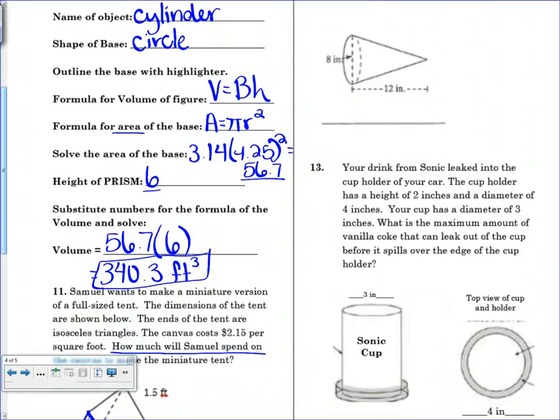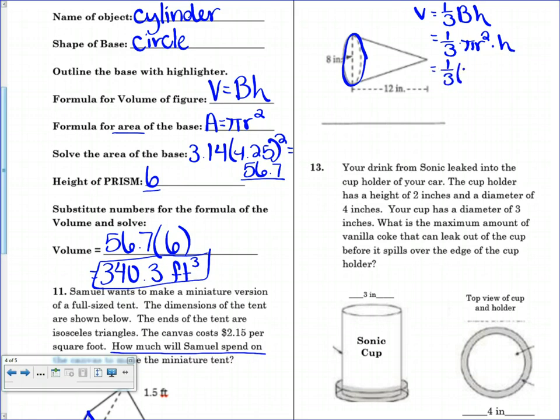Next, we have the cone. Formula, 1/3 base times height. My base is a circle, so 1/3 times pi r squared times the height. So 1/3 times 3.14. My radius here is 4. They gave me the diameter.